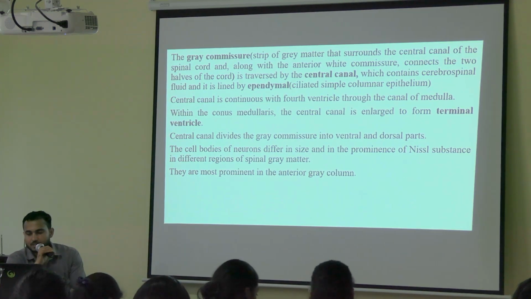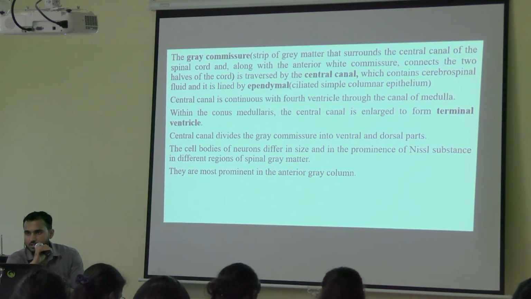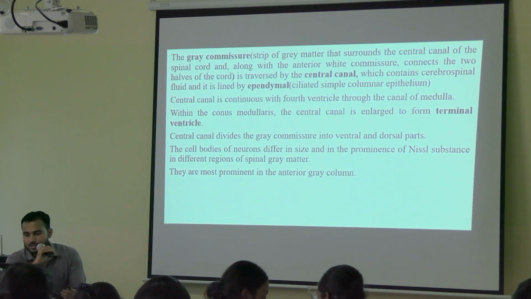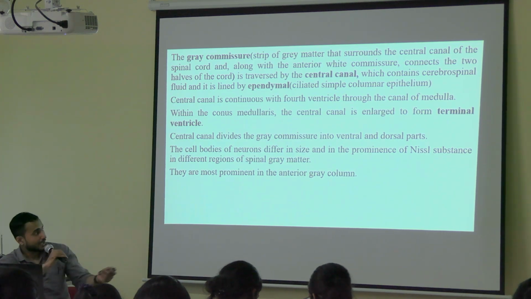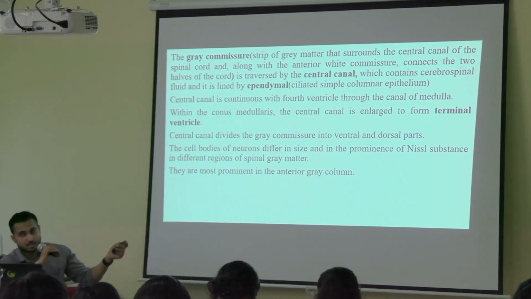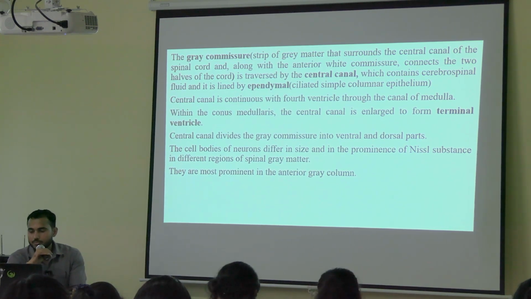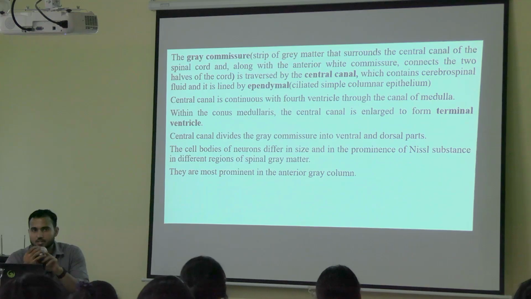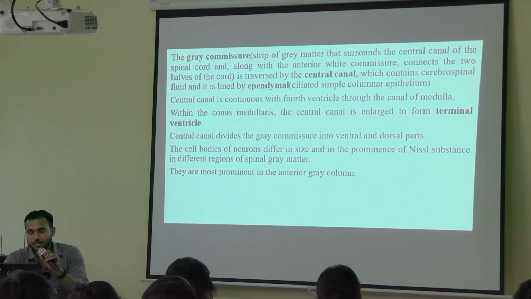Now the central canal divides the gray commissure into ventral and dorsal parts, as I have just shown you. The cell bodies of the nerve fibers and prominent Nissl substance are present in this region. I hope you know what Nissl granules are. Nissl substance is also called Nissl granules. They are more in this particular area.